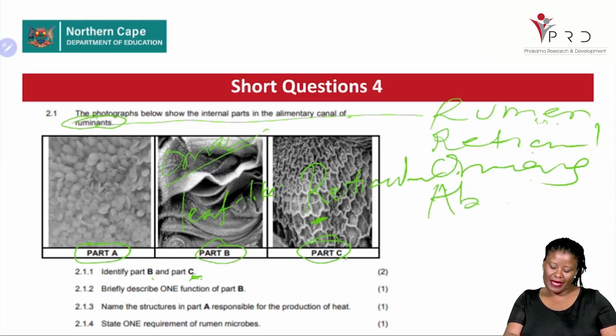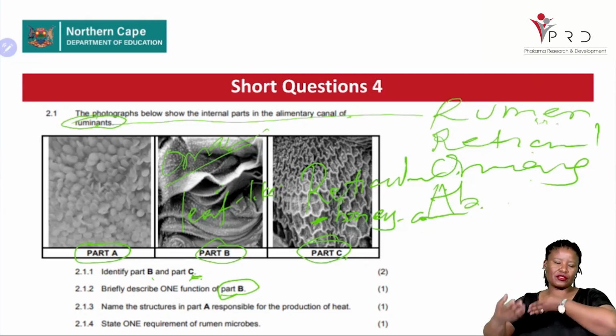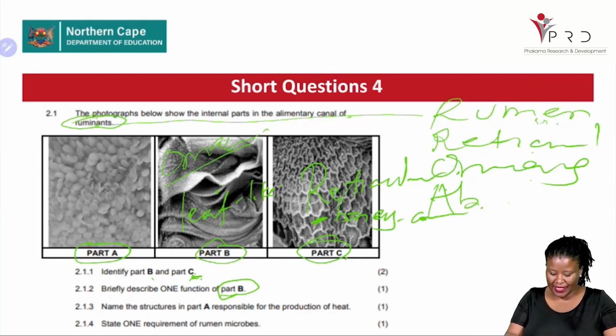The reticulum, we normally say it is a honeycomb-like structure. Briefly describe one function of part B. What is happening in part B? The food that is not well digested is taken back to the rumen, and there are many other functions that we look at.